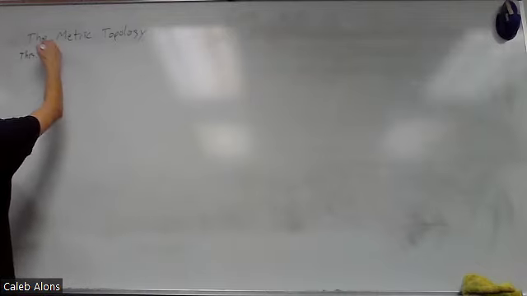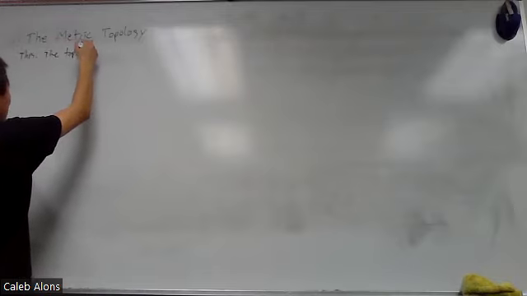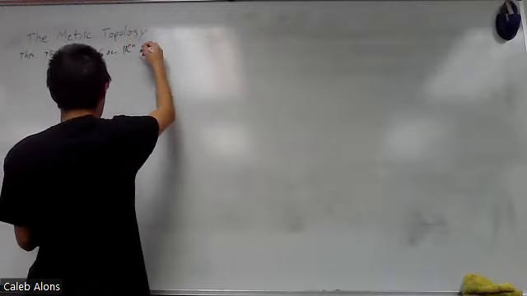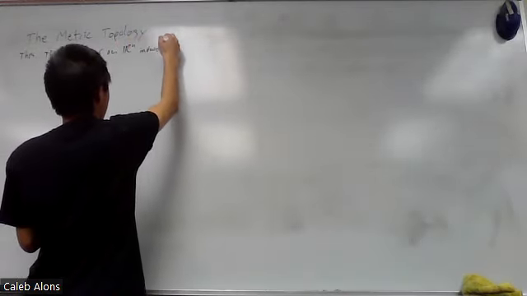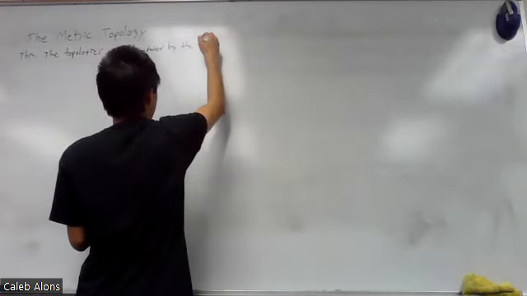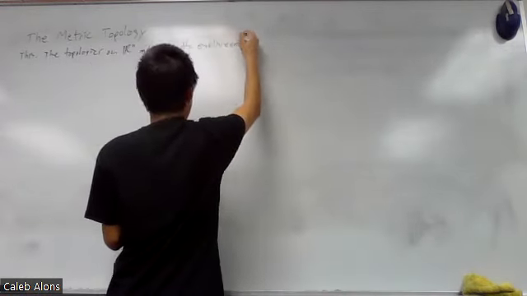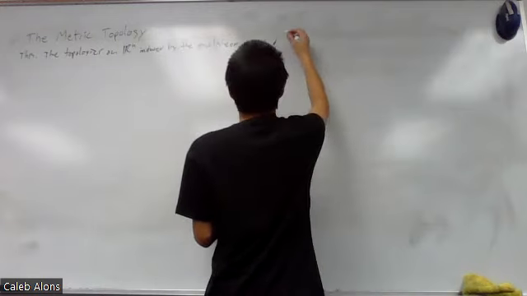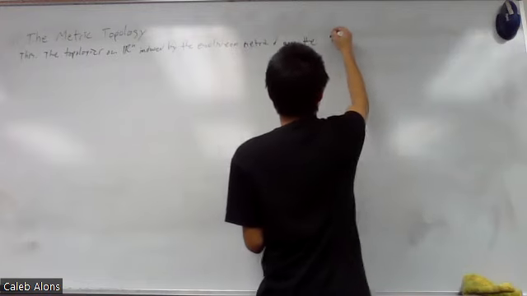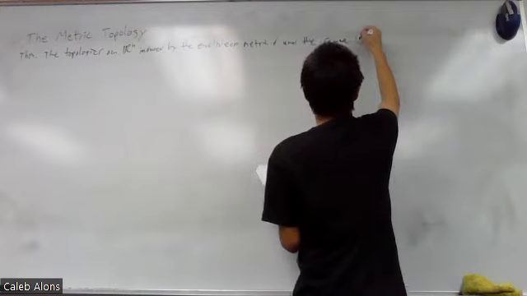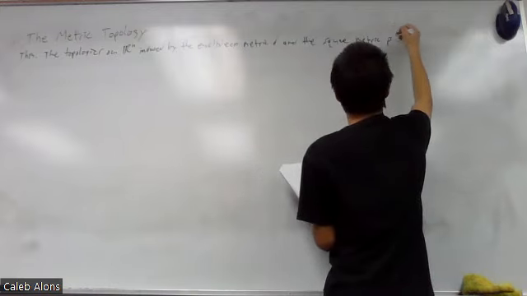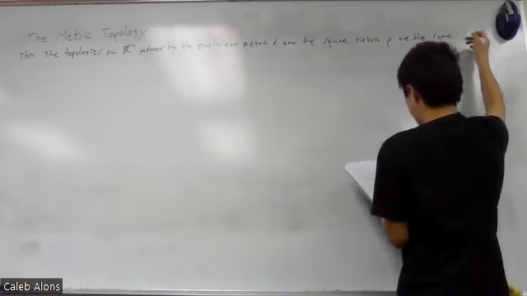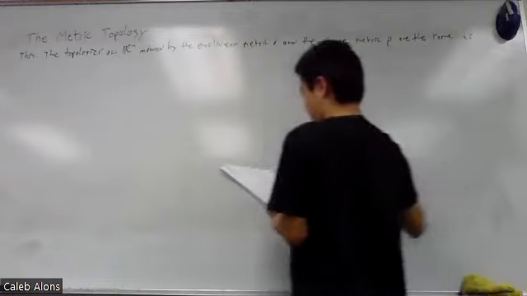So the topologies on R^n induced by the Euclidean metric d and the square metric rho are the same as the product topology on R^n.